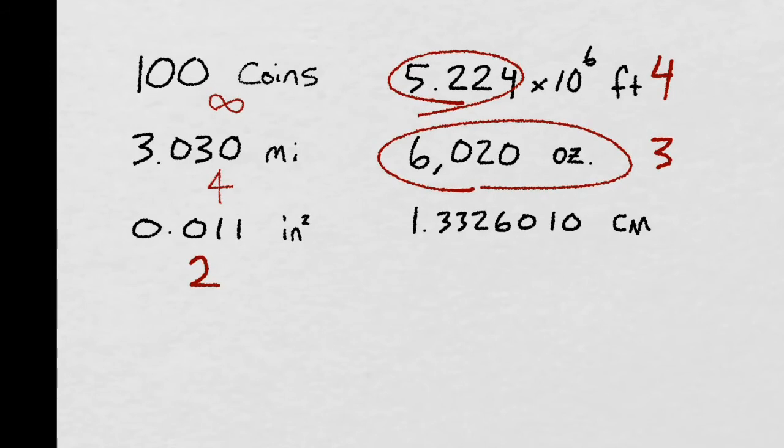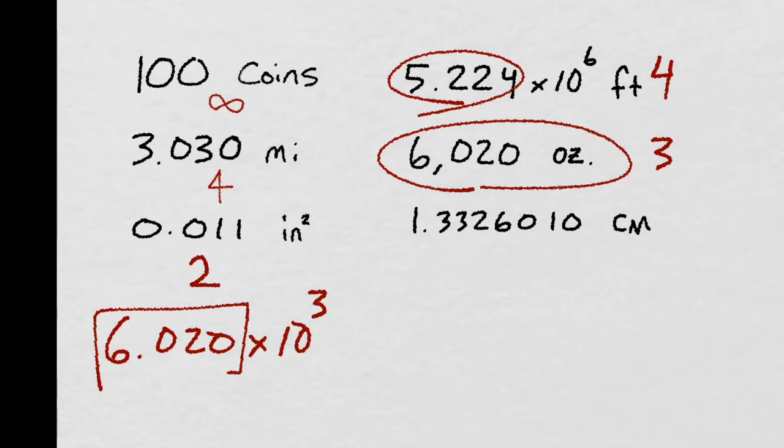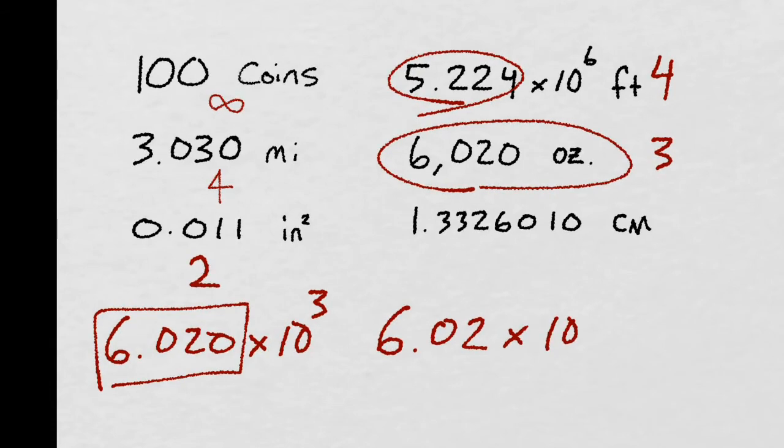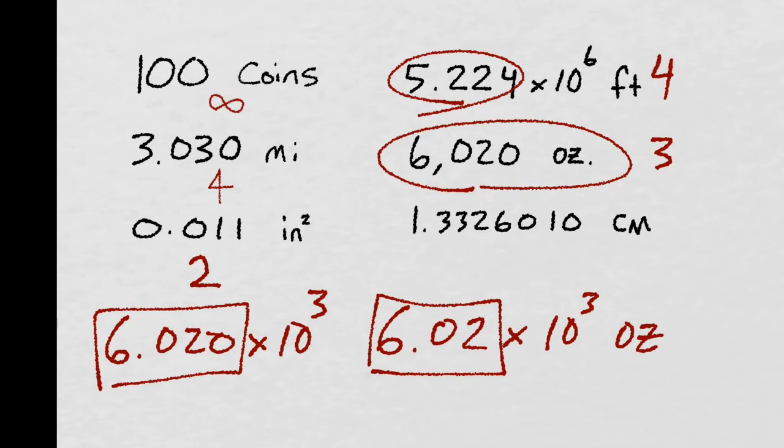And so there are two ways that you might think we could write this in scientific notation. We could write 6.020 times 10 to the 3. But this would imply that there was 4 sig figs in this number, when there actually isn't. There's only 3. So if we were writing this in scientific notation, we'd have to write 6.02 times 10 to the 3, in this case ounces. 6.02 because we can only use the 3 sig figs.